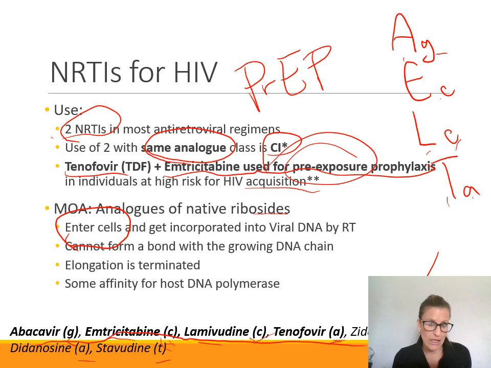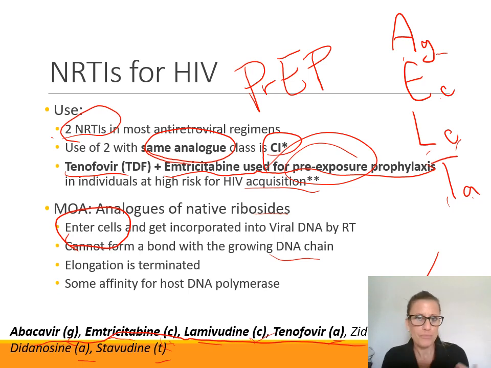They've got to get in the cell. They enter into cells and they get incorporated into the viral DNA by a reverse transcriptase. Now, because they're not the actual riboside, they can't form an appropriate bond with the growing DNA chain, and elongation is terminated, right? You cannot keep producing that DNA.